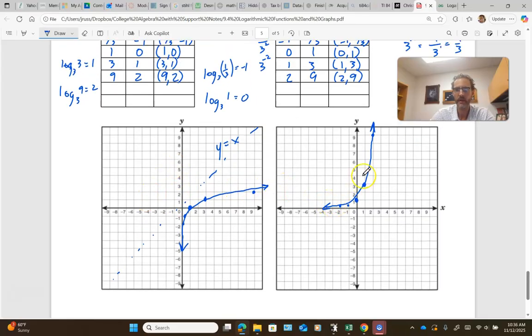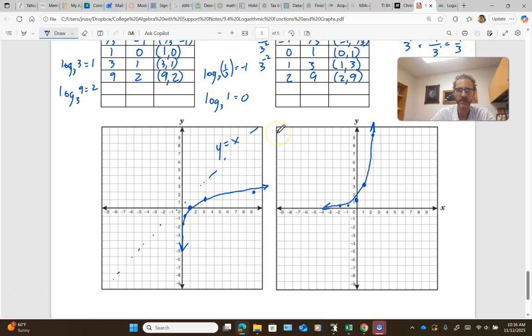The range of an exponential function is from 0 to infinity, not including the 0, and that becomes the domain of your logarithmic function, from 0 to infinity, but not including 0. Your exponential function crosses the y-axis at 1, and your logarithmic function crosses the x-axis at 1. Those are just some general characteristics.